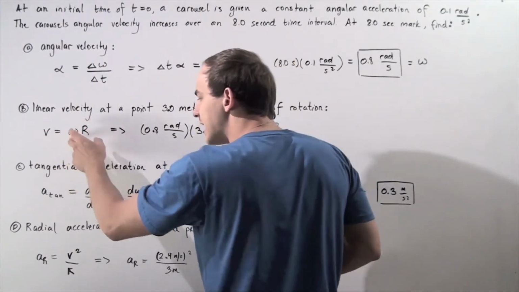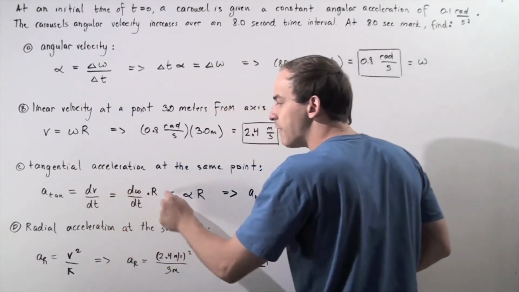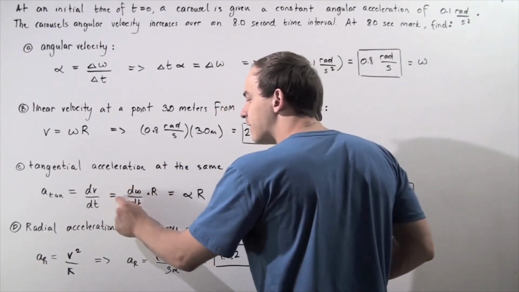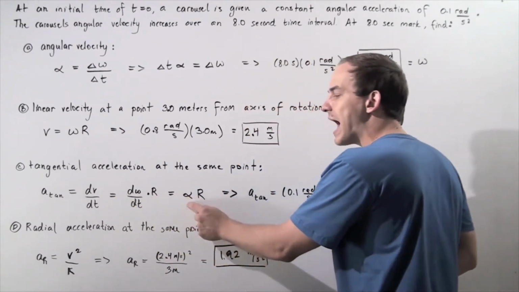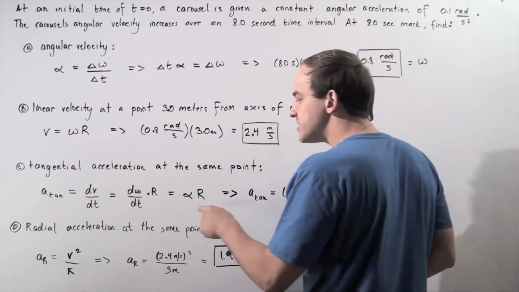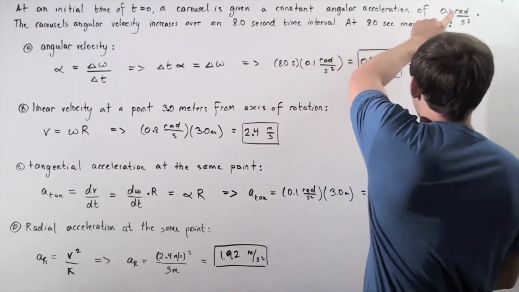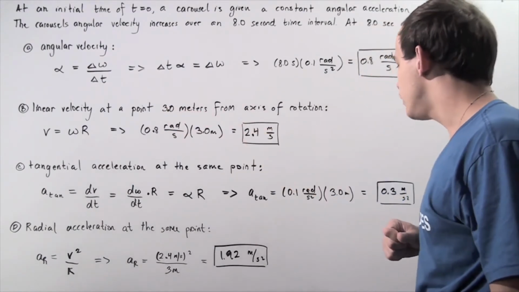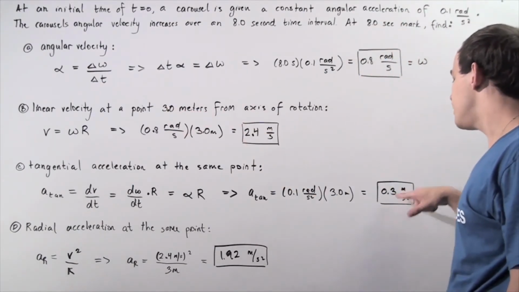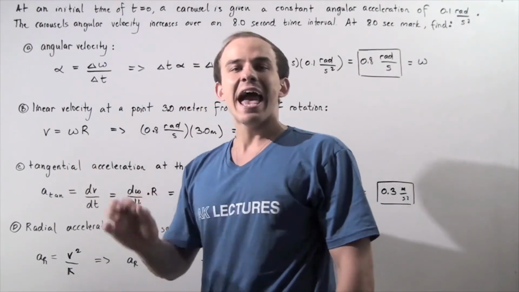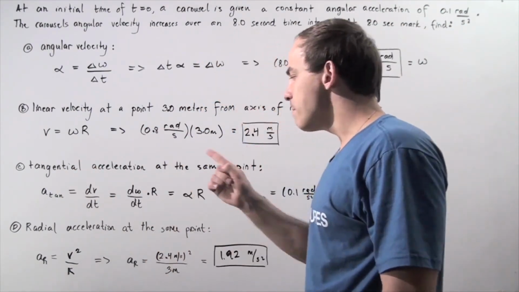So we take this and plug it into the v, we get the following result, and recall that d omega divided by dt is simply our alpha, our angular acceleration. So we simply plug in our 0.1 rads per second squared, we plug in our 3 meters, and we obtain 0.3 meters per second squared is our tangential acceleration. Now, what about part D?